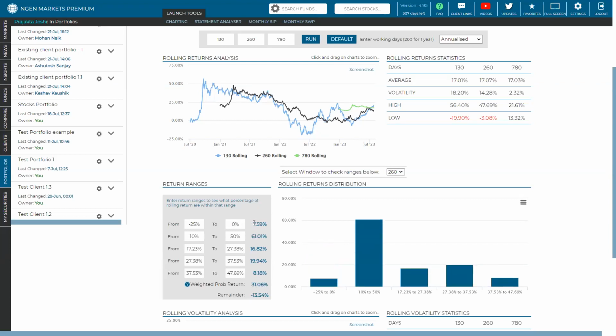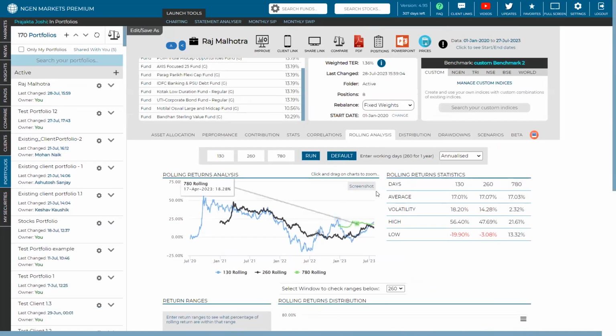And that comes to a probability of 7.50%, close to 7.59%, right? So 7.5% of the times your portfolio will generate returns in negative, like this. Right, you can definitely create any particular target return range and check the series and actually give this insight to the client. That's the rolling returns analysis that's available right here.